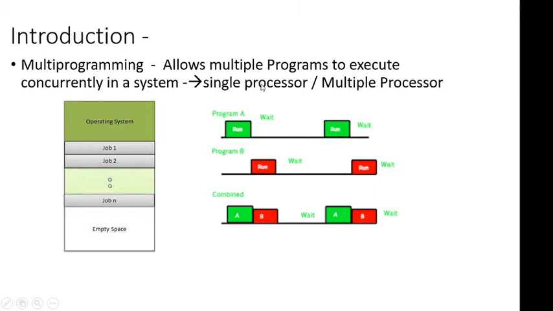If you're talking about a single processor system, then many processes can execute concurrently, but at any given time the processor will be with only one process. So you get this feeling that all the processes are being executed even though the processor is with only one process.